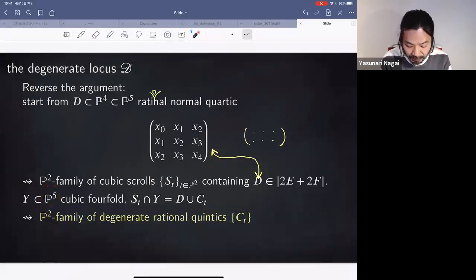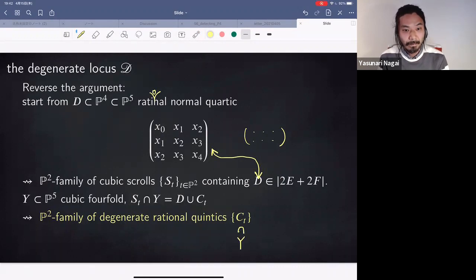If we intersect this cubic scroll parameterized by P2 with Y, then we get degenerate rational quintic curves as a residual curve of D. So this gives an explicit construction of a P2 family of degenerate rational quintic curves on Y. So all these sit in Y.